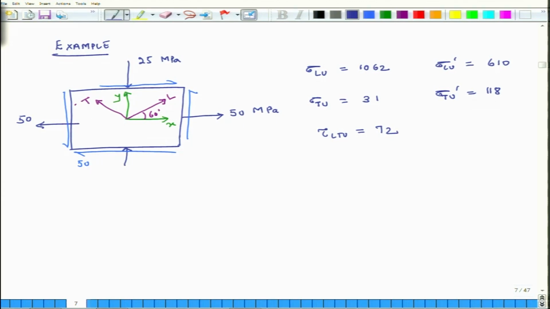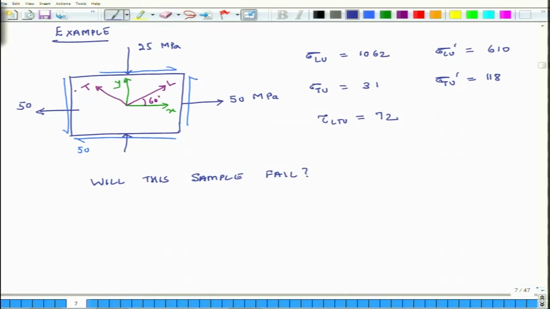So, the question is, will this sample fail? This is what we are supposed to figure out.